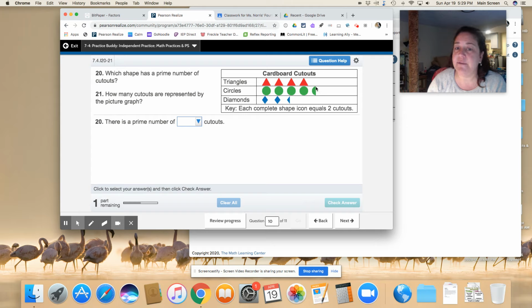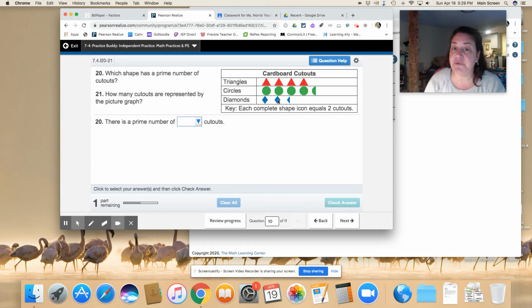Which shape has a prime number of cutouts? So triangles has 8. Circles has 2, 4, 6, 8. And then when it goes in half like that, what's half of 2? 1. 1 plus 1 is 2. So this half would be equal to 1. So 2, 4, 6, 8 plus 1 more is 9. So triangles has 8, that's composite. Circles has 9, also composite.